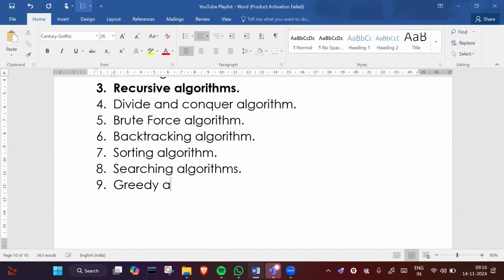After that we have greedy algorithms, and after that we have dynamic programming algorithm.